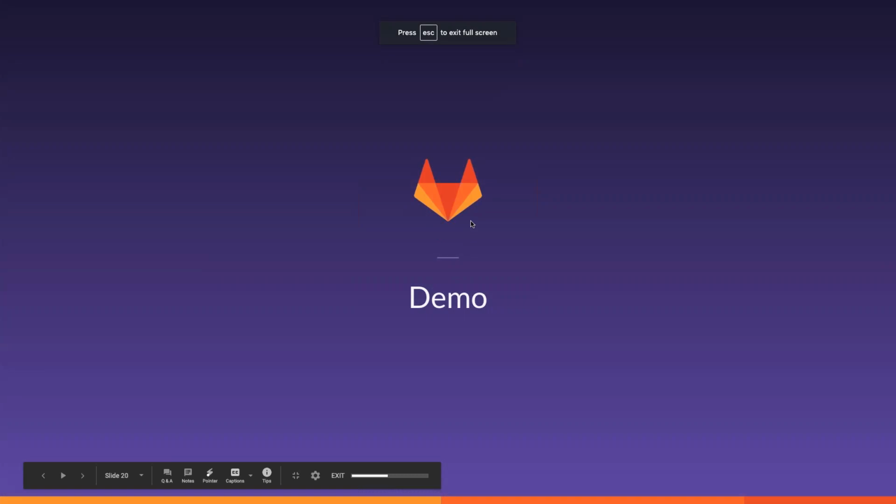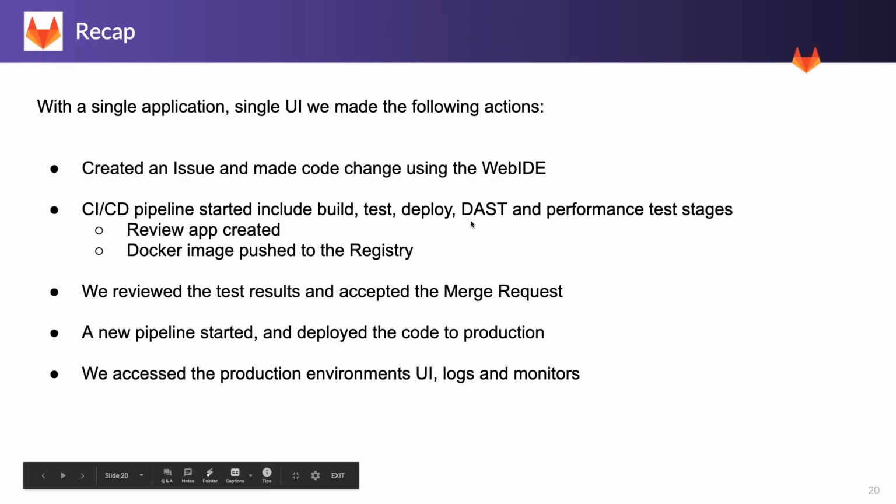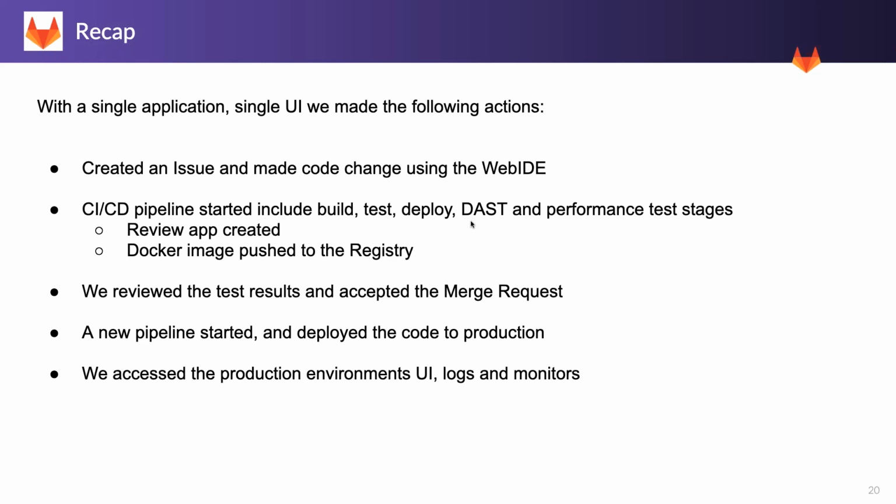And I just want to have a quick recap on what we've seen in the demo. So with the single application, single UI, we made the following actions. We created an issue and made code changes using the Web IDE. The CI/CD pipeline started, including build, test, deploy, DAST, and performance test stages.